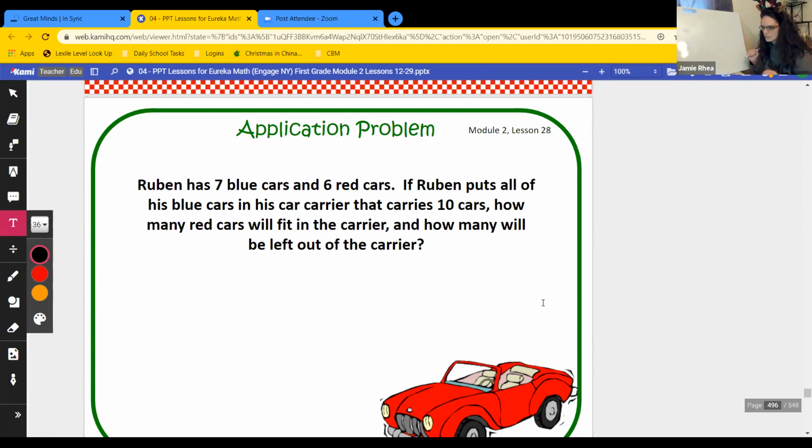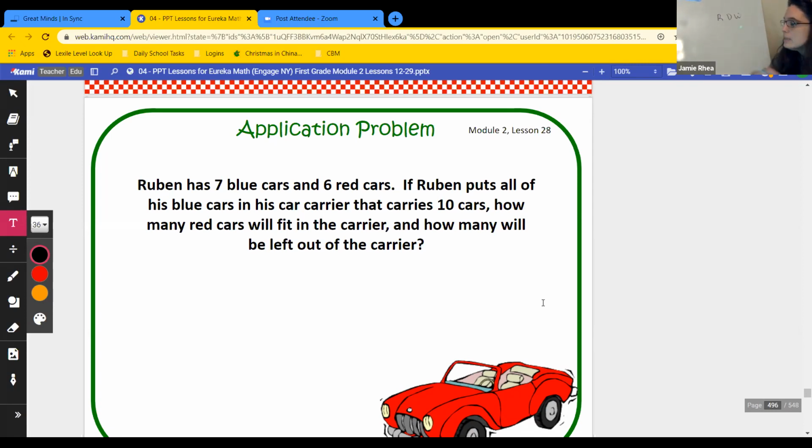All right, so what is the first thing good number detectives do when we have a word problem? We read through it. So let's read. It's kind of like following our RDW that we've been working on. So I'm going to zoom in a little bit so you guys can see my board. Okay, and we're going to kind of follow this unless it tells us to do something different.